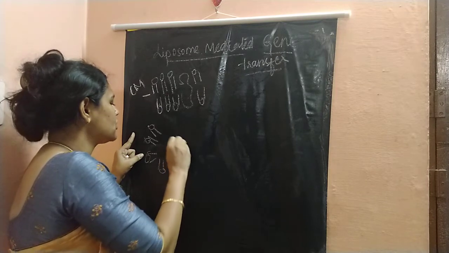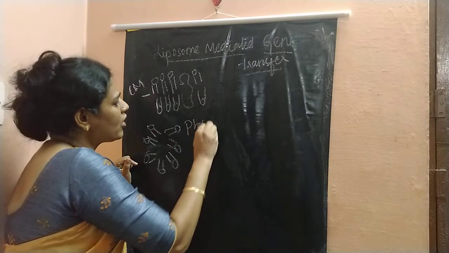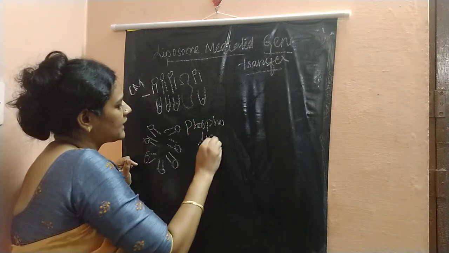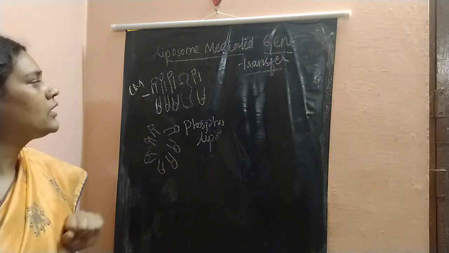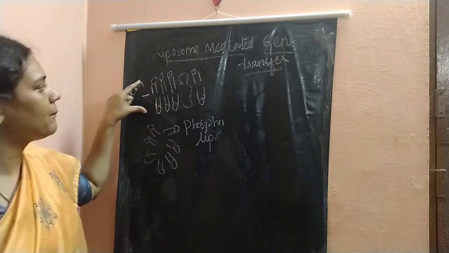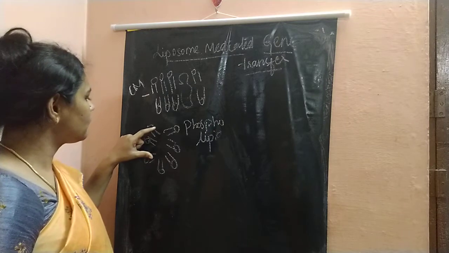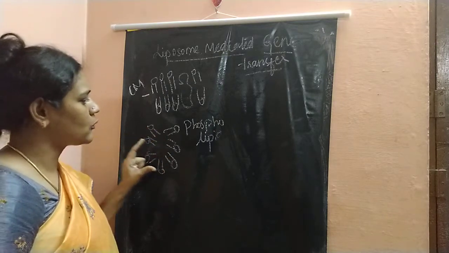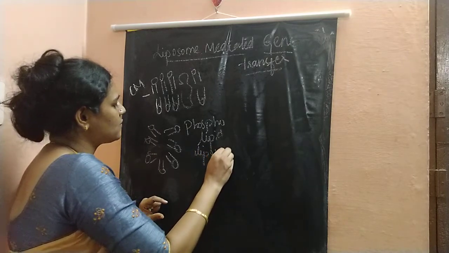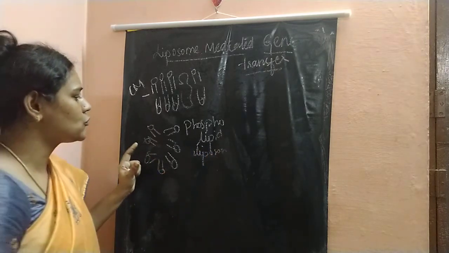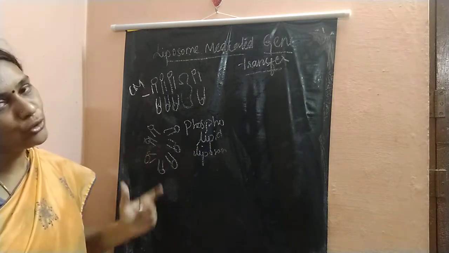The phospholipid present in the cell membrane of a plant cell, bacterial cell or animal cell makes an artificial phospholipid circle or vesicle, called a liposome. This liposome plays a very important role in gene transfer.